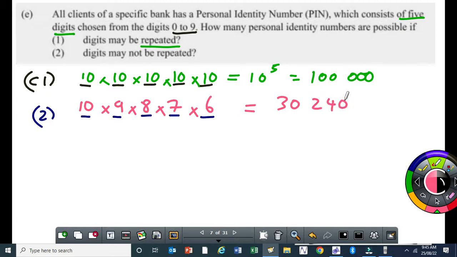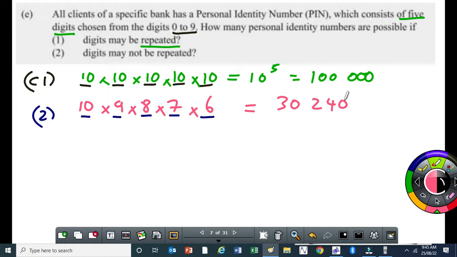Do you see that because of the restriction of not repeating digits, the number of pins decreases? If repetition is allowed, you get more pins. Are you getting it? Let's move on. Now, it's important, I'm going to summarize this.